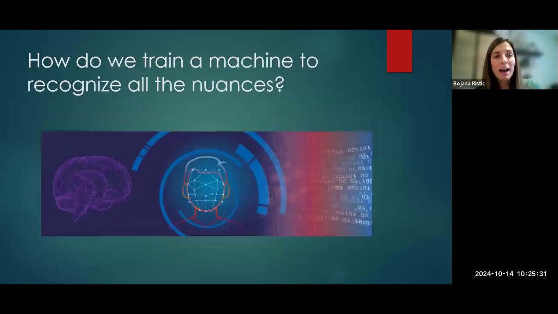The question is now, how do we train the machines to understand all this, right? So the problem here is, of course, machine learning and speech recognition has gone through many phases, and right now we have models that are quite advanced.